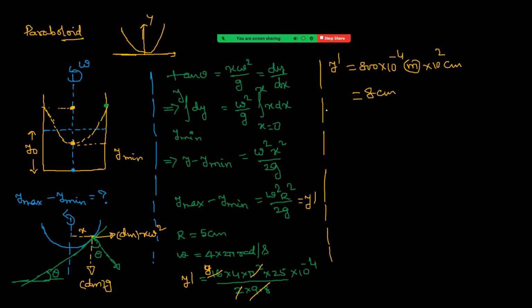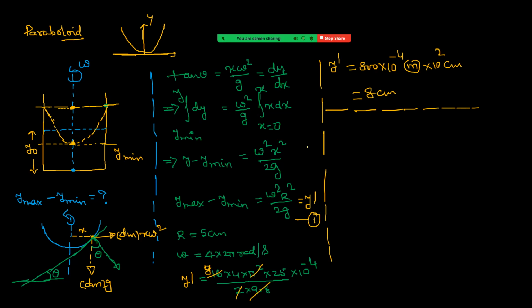Now let us focus on how to get this y minimum and y maximum in terms of y naught. Okay, so let us take this y dash as one equation. So here if you observe this paraboloid, its volume will be, if you imagine one cylinder between these two lines, the volume of this paraboloid will be equal to half of that cylinder.